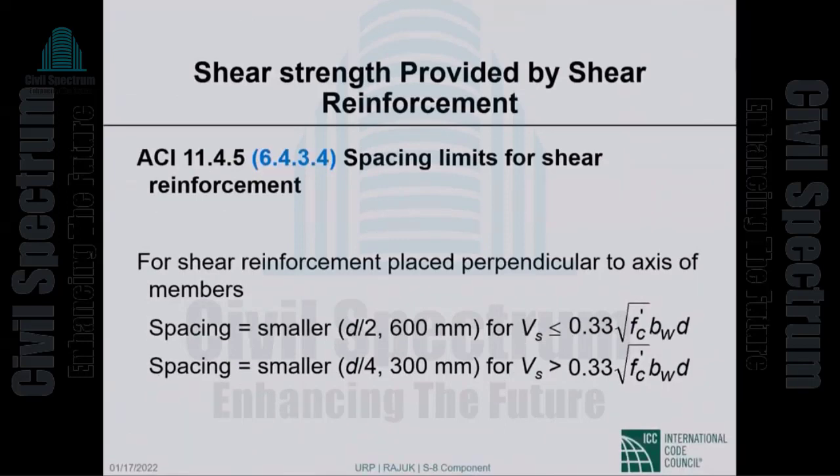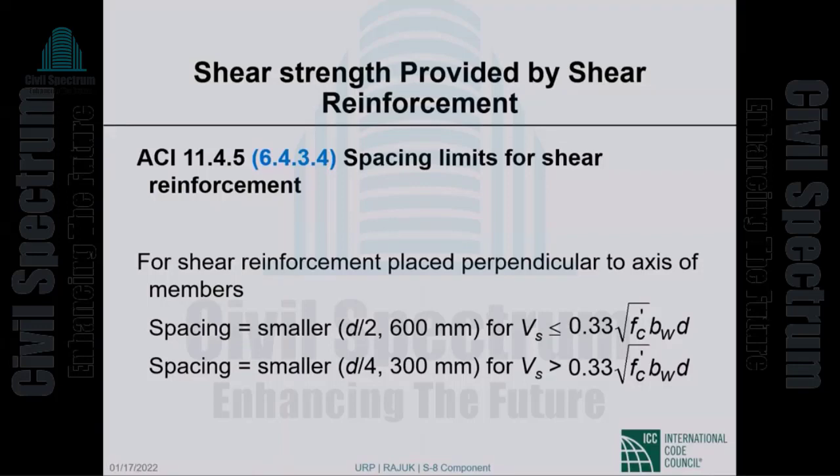Spacing limits for shear reinforcement placed perpendicular to the axis: as long as V sub S is less than or equal to 4 square root of F sub C prime, the maximum spacing is D over 2 or 600 millimeters, 24 inches. Okay, I'm sorry, 600 is 24 inches.